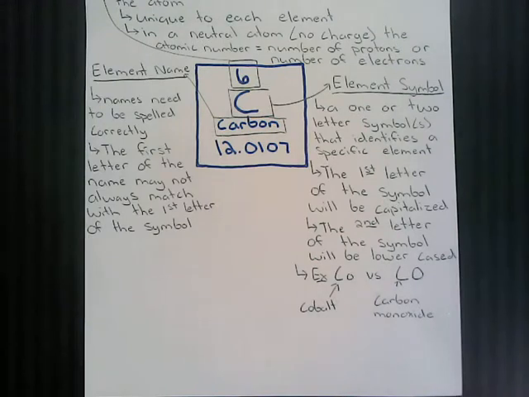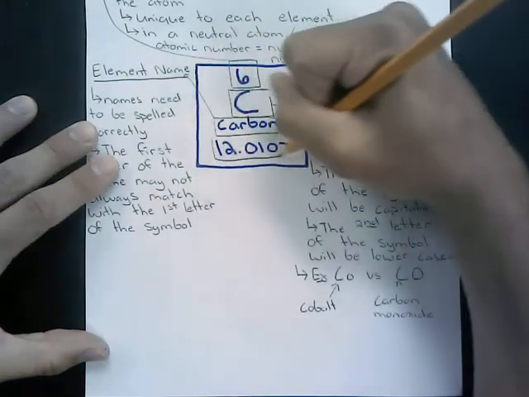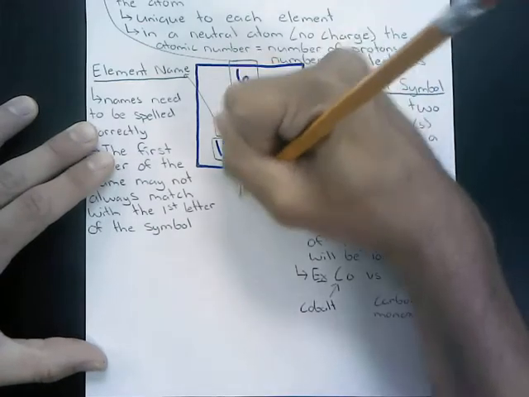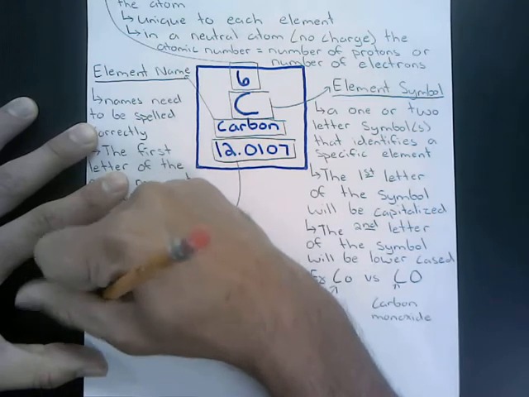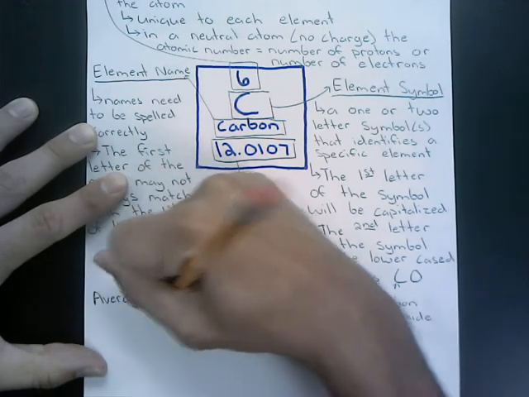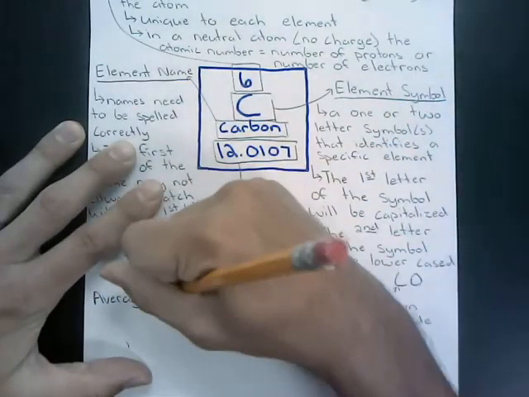The last thing that you will find and identify on the periodic table of elements is this number with a decimal. This number with a decimal is an element's average atomic mass.